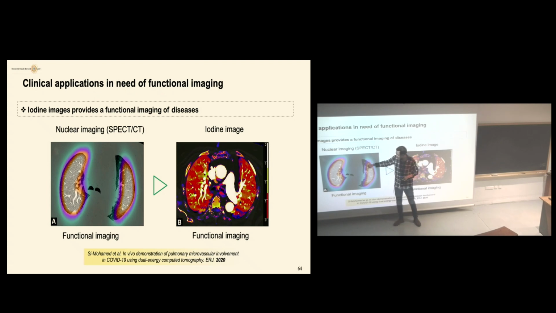And this CT is performed not in expiration or inspiration, it's just performed without any breath holding. That means that you have this blurry distribution of isotope within the lungs with some spatial misregistration. But this is not the case with CT.